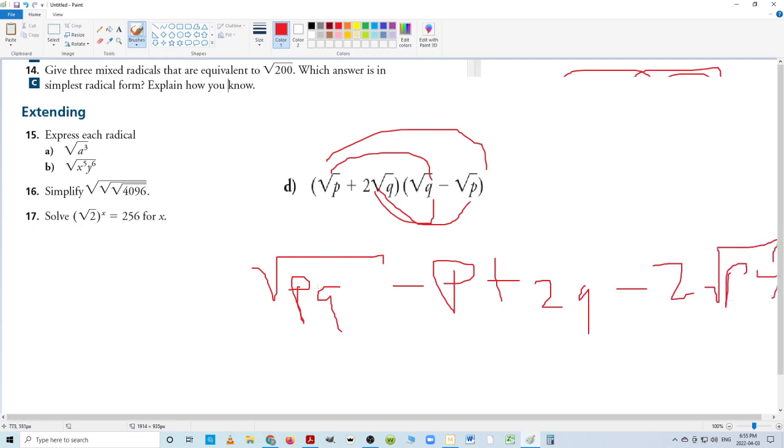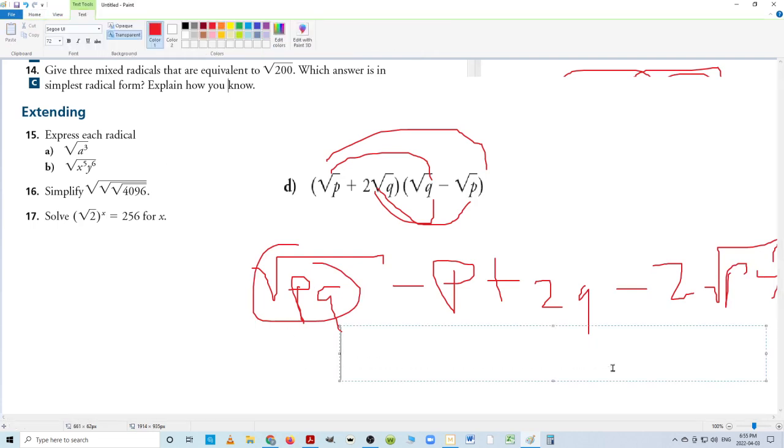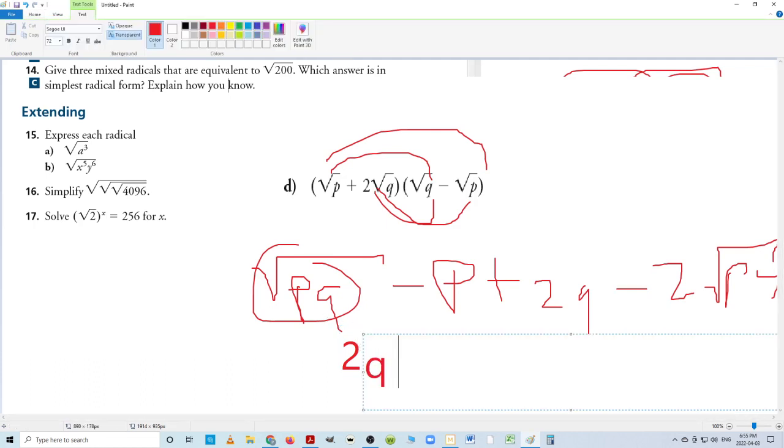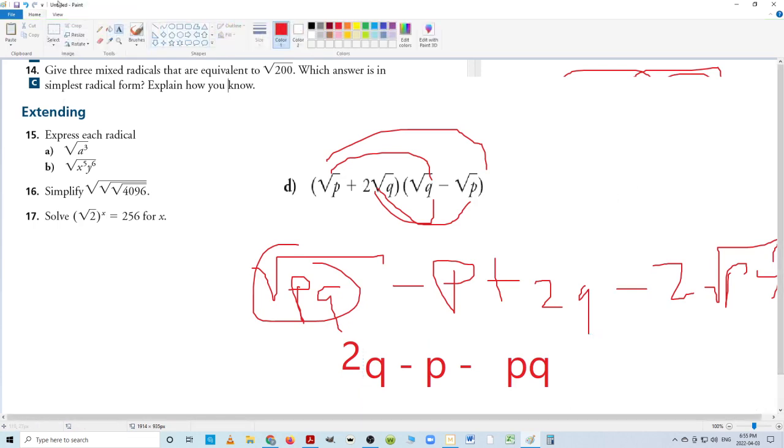So the only apples here are plus 1pq minus 2pq. See, what you end up with is 2q minus p minus square root of pq. Kind of ridiculous.